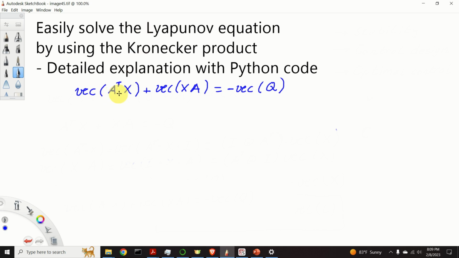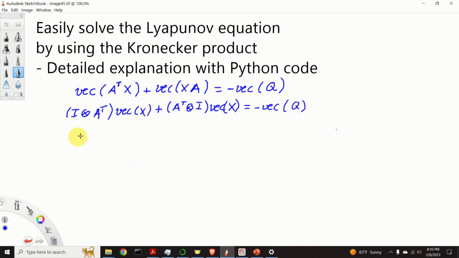Instead of vec A transpose times x, we can write identity Kronecker A transpose multiplying vec x plus A transpose Kronecker identity multiplying vec x is equal to minus vec q.